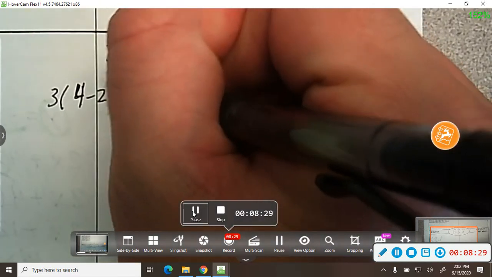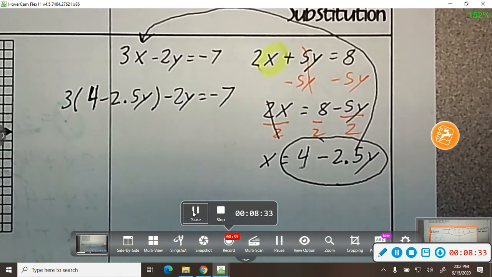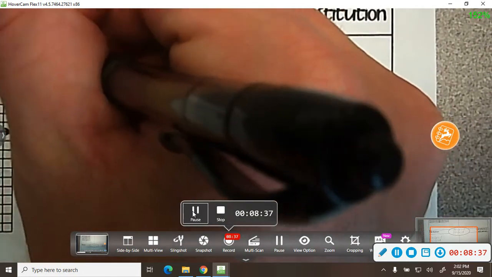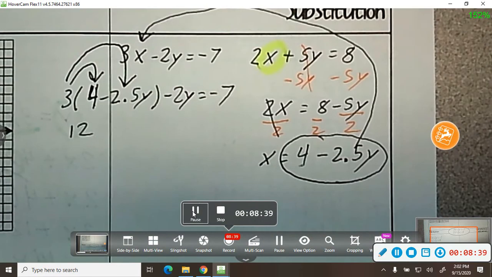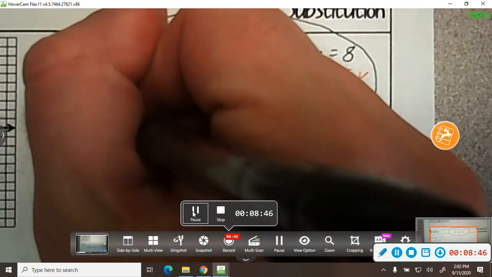Minus 2y is -7. Distribute my 3. That's 12, and negative 7.5y.